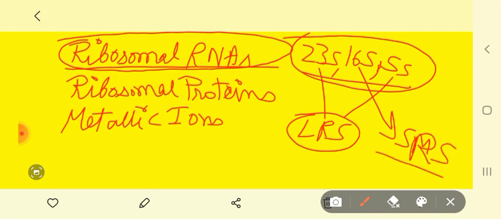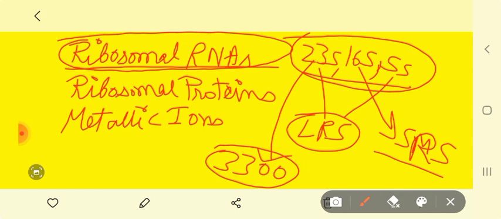Okay, as I have said, the 23S rRNA consists of about 3,300 ribonucleotides, whereas the 16S rRNA has about 1,650 ribonucleotides, and the 5S rRNA has about 120 ribonucleotides only.